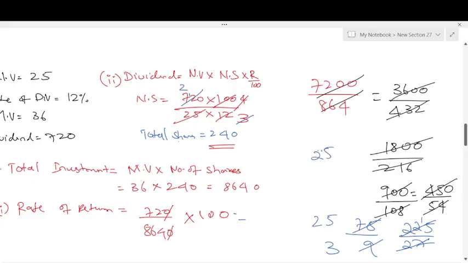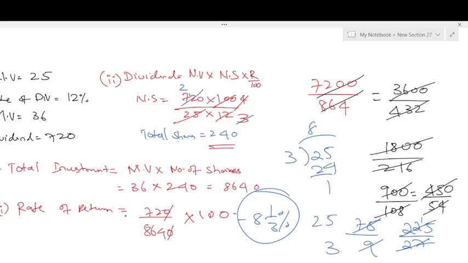Divide 25 by 3. 3 eights are 24, remainder 1. The answer is 8 1 by 3%. Did all of you get 8 1 by 3 or different? Right or wrong? That's it. 8 1 by 3%.